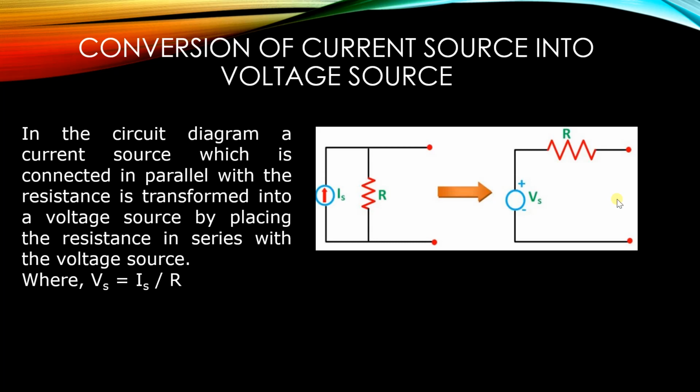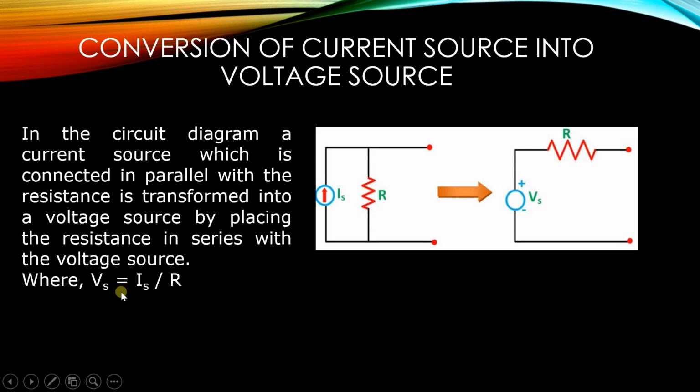Then the conversion of current source into voltage source means we are having the current source and we want to convert this current source into the voltage source. We know that in current source we are having the parallel resistance, but for converting this into the voltage source, we connect the voltage source in series with the resistance.